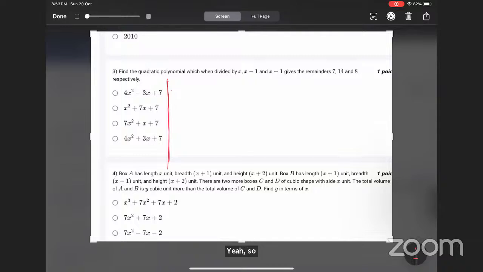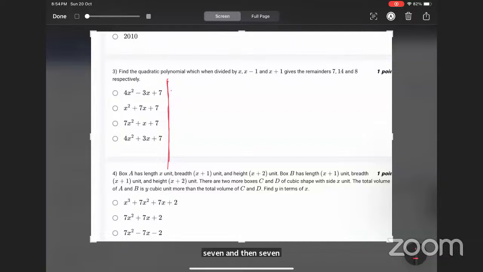Ma'am, in the first expression, the coefficient 4 minus 3 is 1, plus 7 equals 8. So the first equation will have remainder 8, and the last equation will be 14. 4 plus 3 is 7, and then we have to conclude with one equation, right? We cannot conclude with two equations.